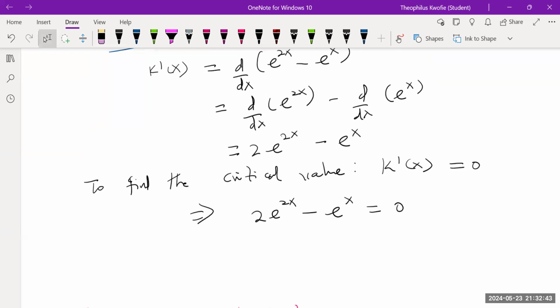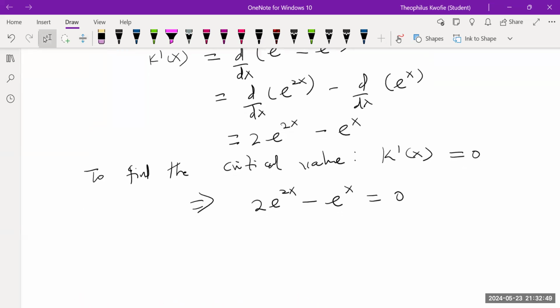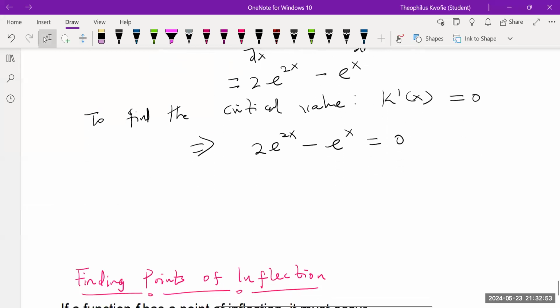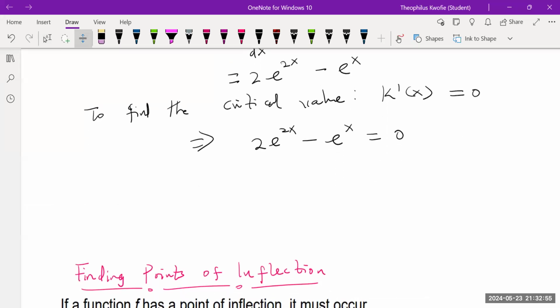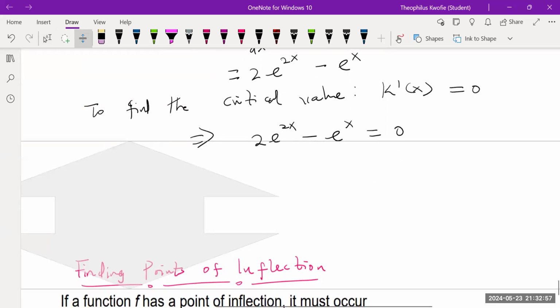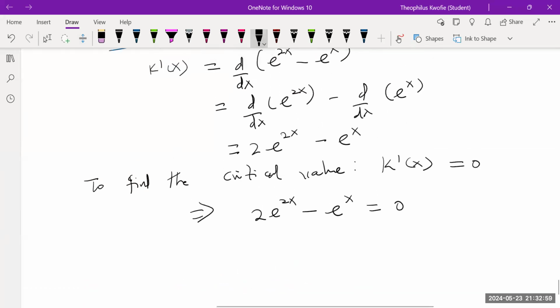At this point, I think the easiest way is to factor e to the power x outside, and that would make our work too easy, right? So let's do it that way. We pull out e to the power x outside, and we have e to the power x multiplying 2 e to the power x minus 1 equal to 0.